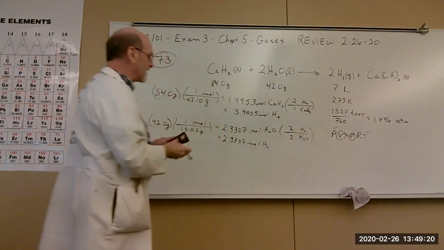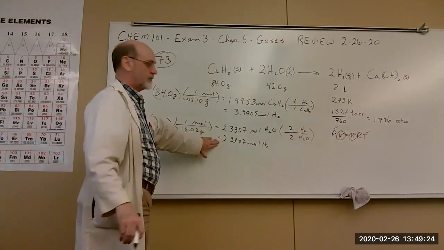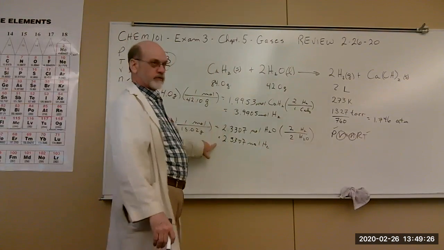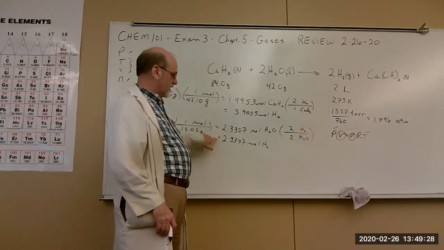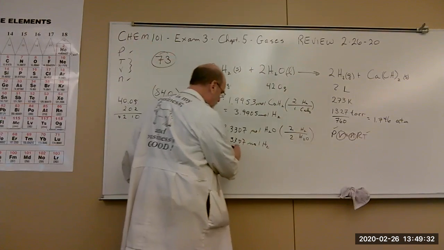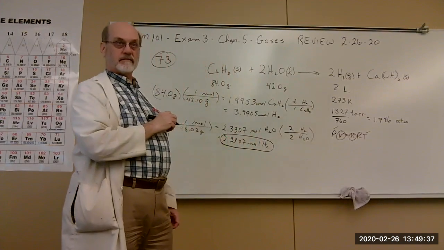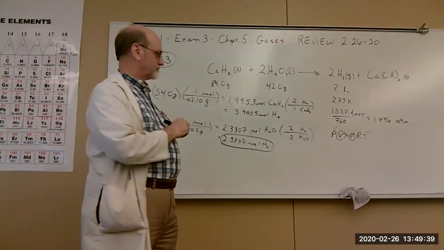Okay, now which is the least? This one. That one's bigger than this one. This is the limiting factor. So this conversion yields only that amount of hydrogen, the smaller amount.